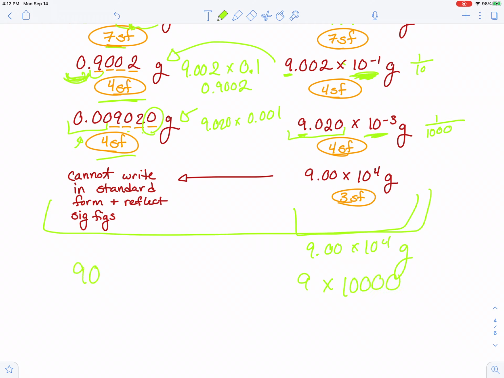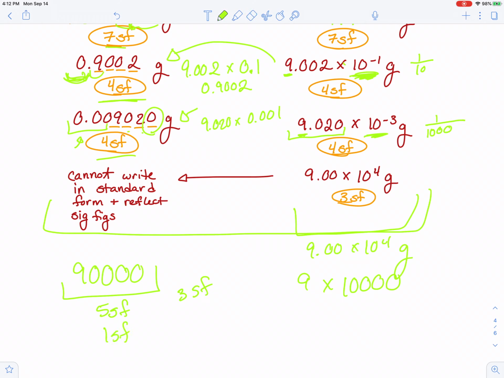So basically 90,000 is our number. But the problem is you can't write 90,000 in 3 sig figs. It's not possible. Because if you put a decimal at the end, you have 5 sig figs. If you don't have a decimal, then you only have 1 sig fig.